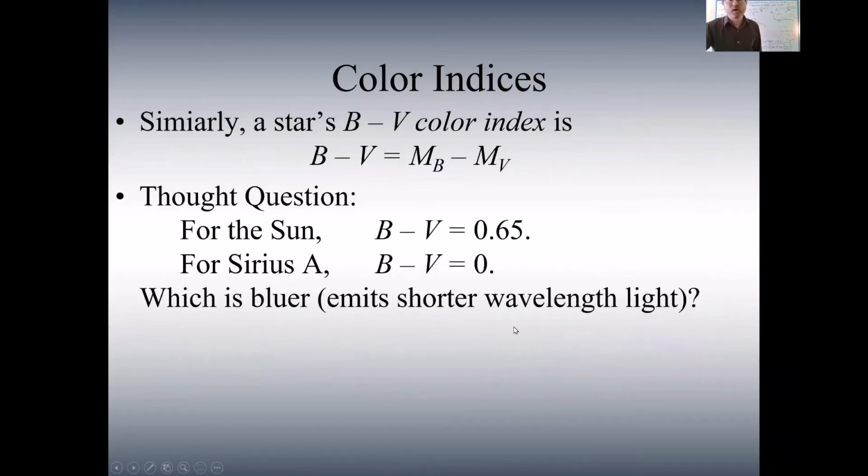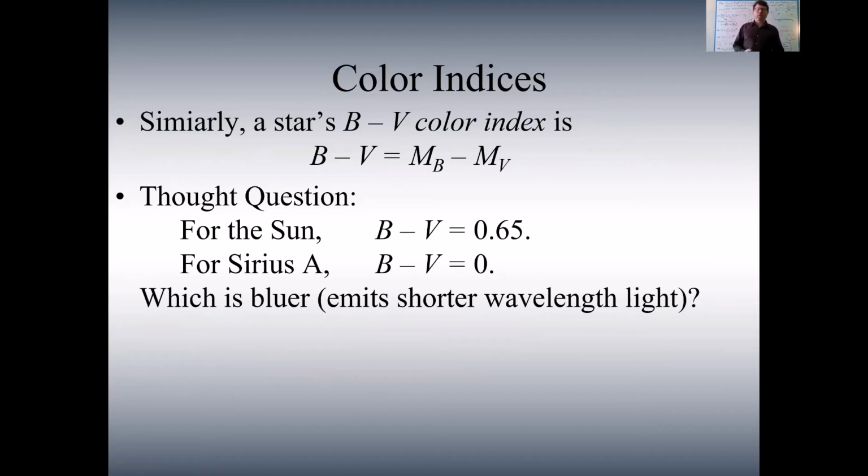and continue on. U minus B is not the only color index that's out there. Here's another common one, B minus V. And again, you could take B minus V, that's the apparent magnitude of B minus the apparent magnitude V, or MB minus MV, where capital M's tell you that we're using the absolute magnitudes.